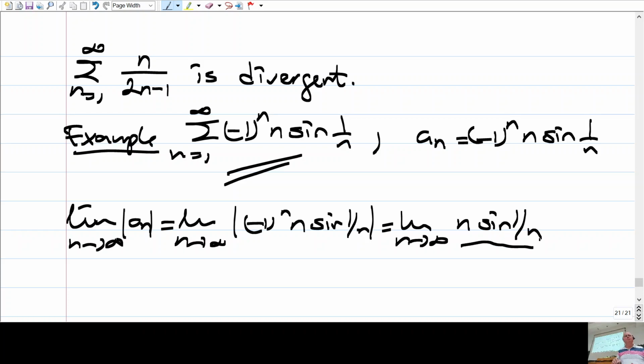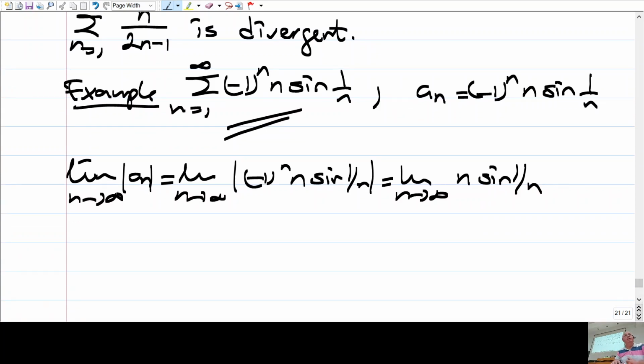This thing is positive because 1 over n is very small as n goes to infinity. And if x is a small positive number, very close to 0, then sine of that number is positive. Therefore, the absolute value of this expression for big n values is equal to this gadget.